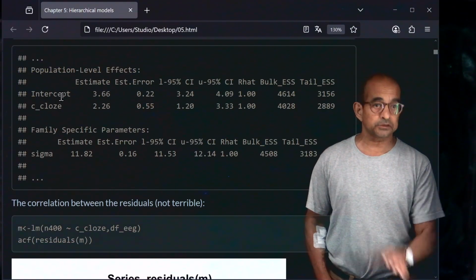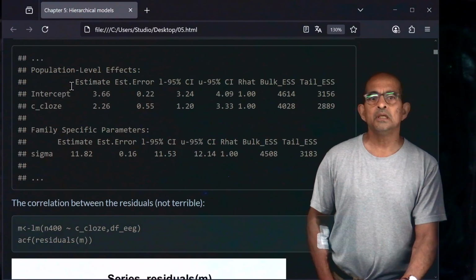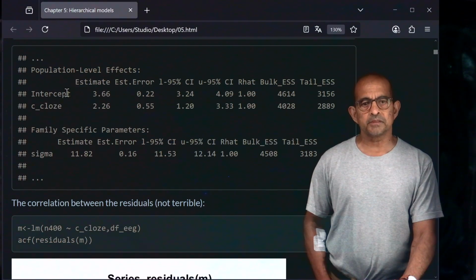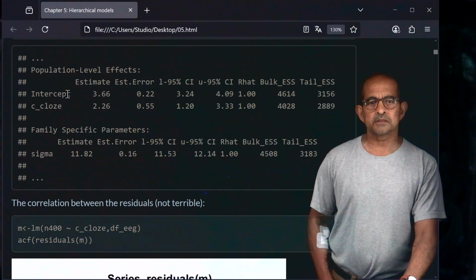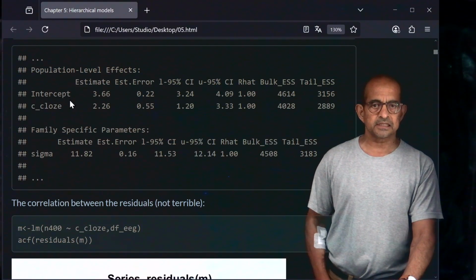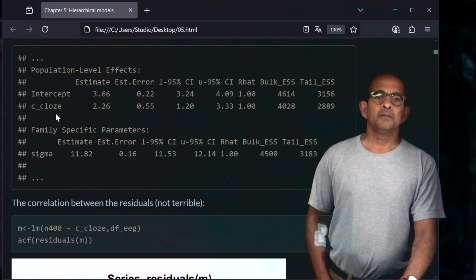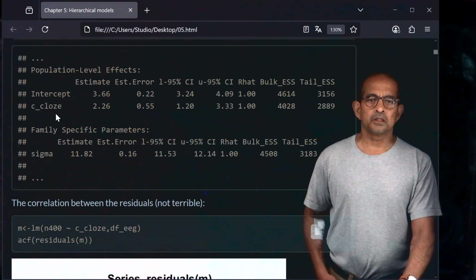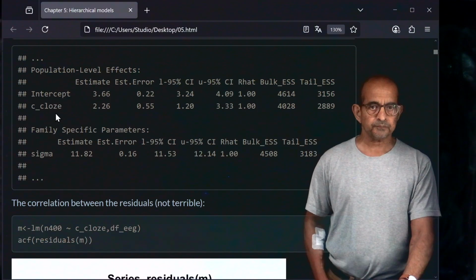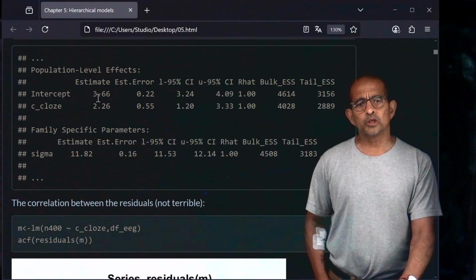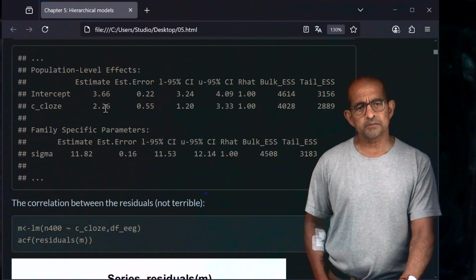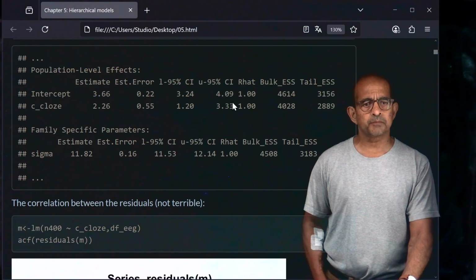The essential parts for our purposes right now are the estimates of the posterior of the intercept, that is the alpha, and the posterior distribution of beta, which is the slope parameter. So here are the intercept and slope estimates, the means, and the lower and upper bounds of the credible intervals.